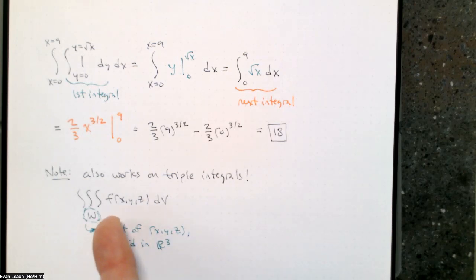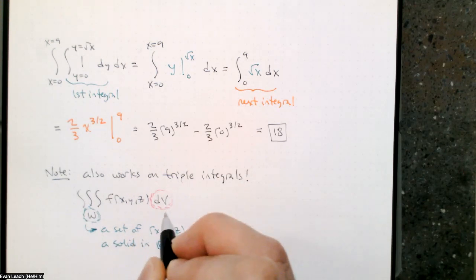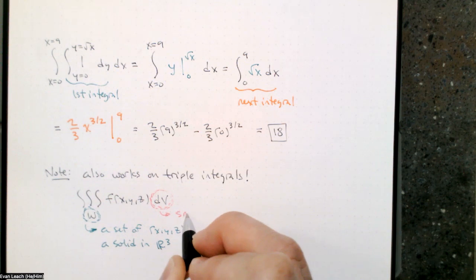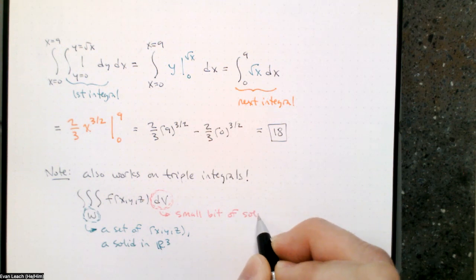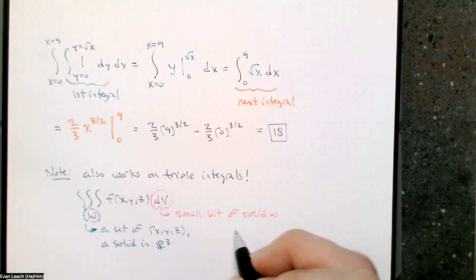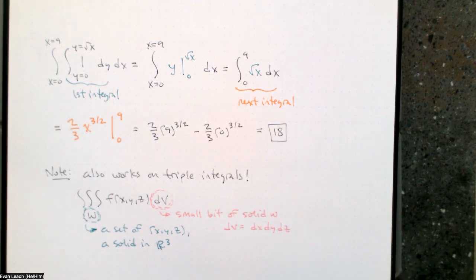We have a function f of X, Y, Z times dV. dV is just some small piece of the solid W. And it works the same as the dA in our double integral. It'll be a dx, dy, dz.